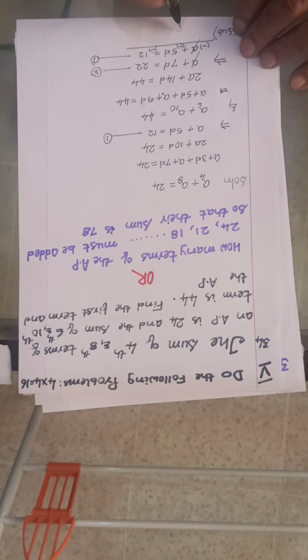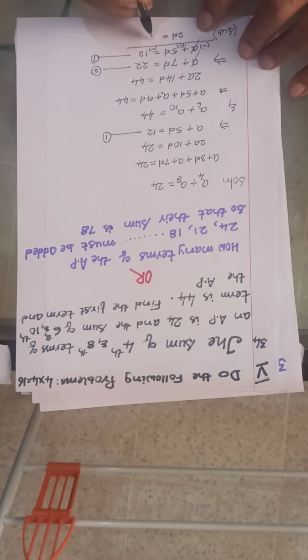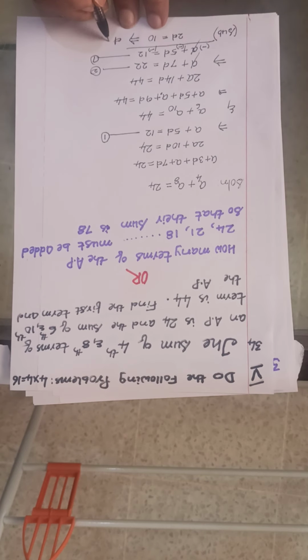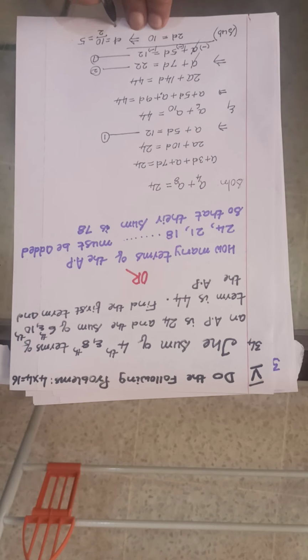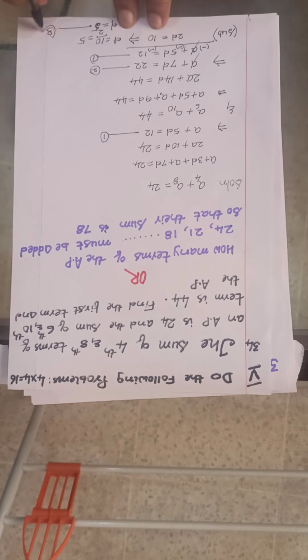These two get cancelled. 7 minus 5 means 2D. 2D is equal to 10. This implies D is equal to 10 by 2, which is equal to 5. D is equal to 5. Call this equation number 3.